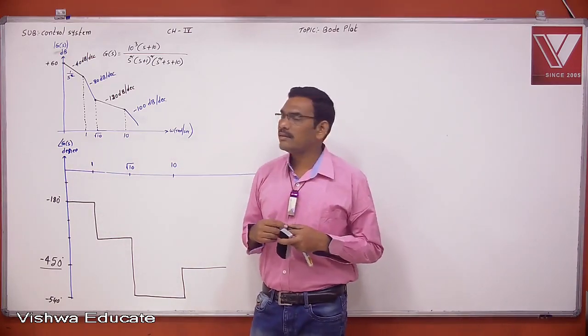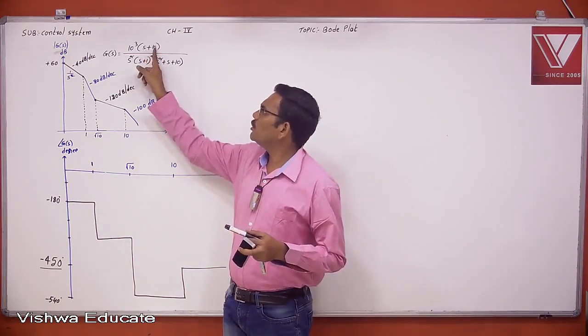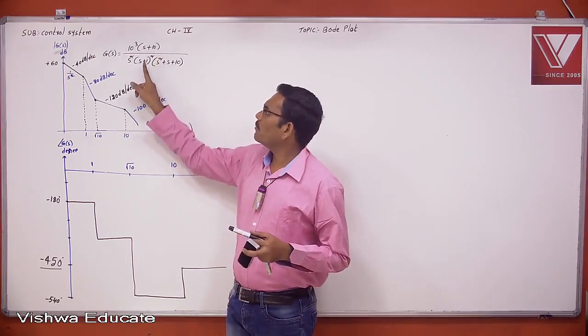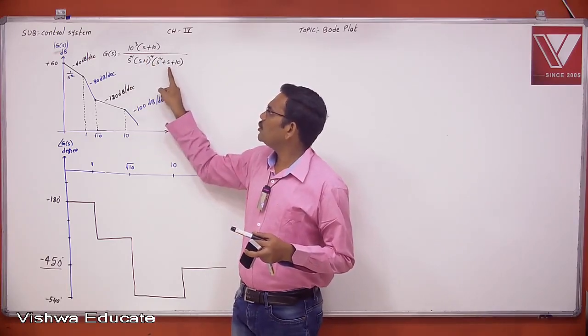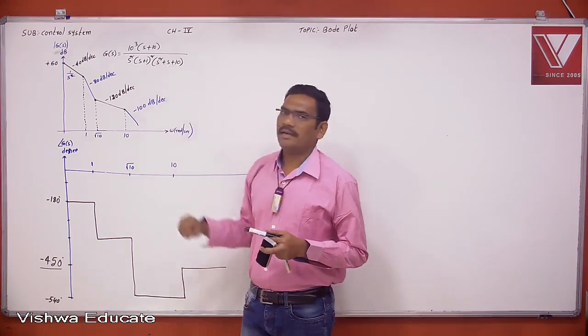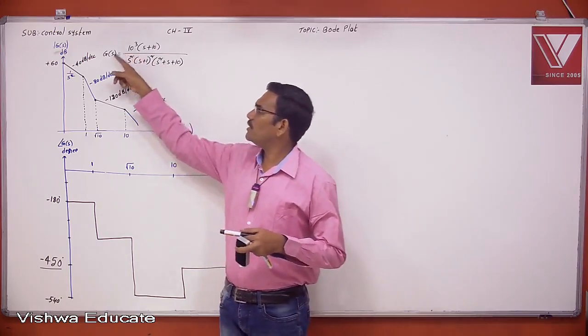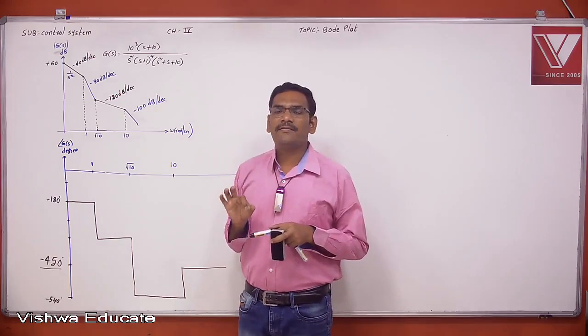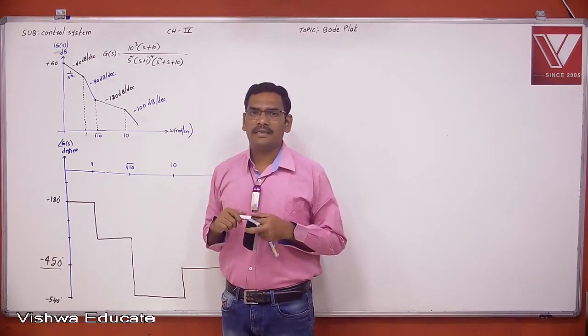No, it's not like that, because the transfer function has factors like 10 plus jω, 1 plus jω, and jω squared. If you measure the phase of this transfer function, definitely the phase depends upon frequency. Is it right or not?